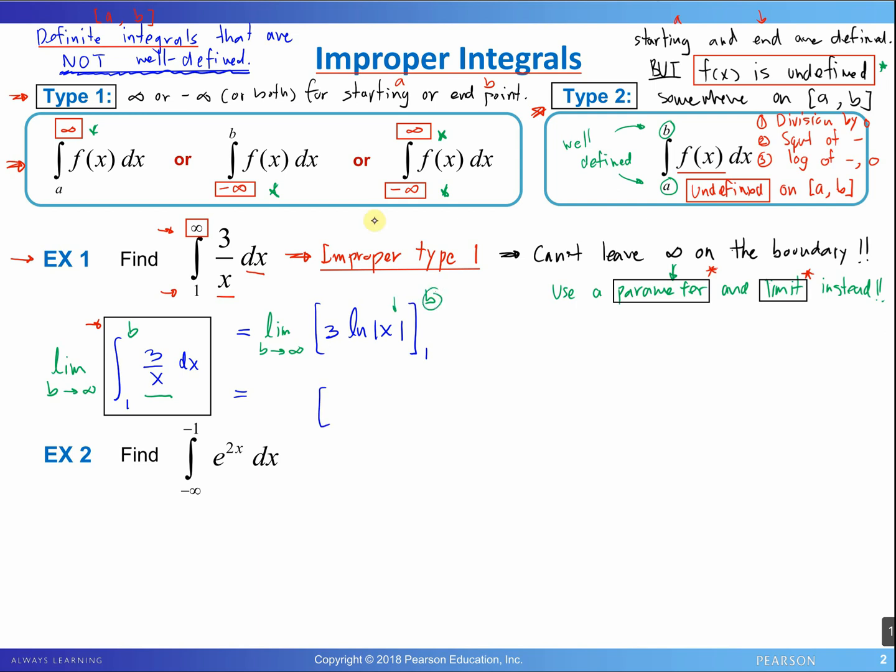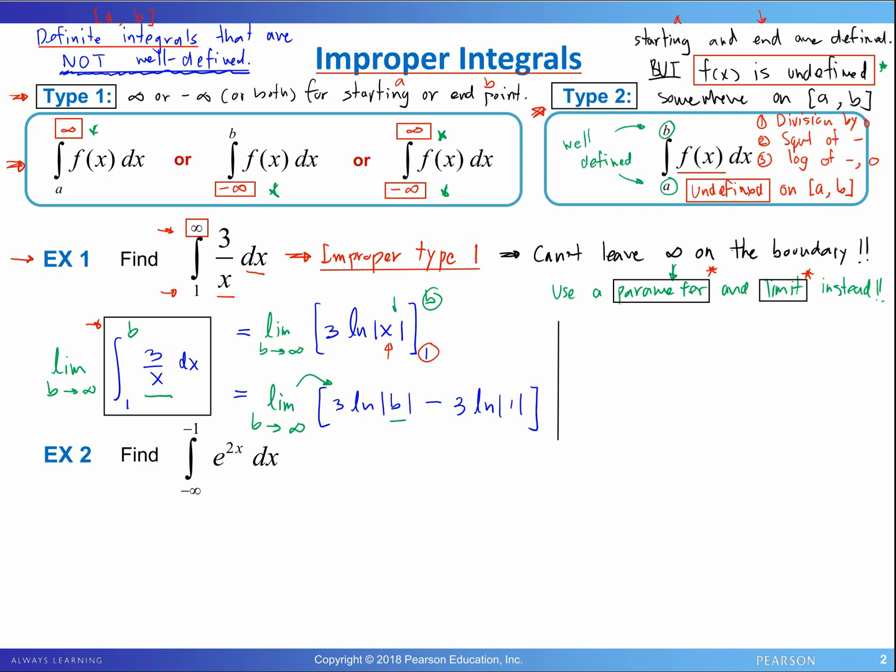So we have 3 ln absolute value of b minus, now the starting point goes in right here, 3 ln absolute value of 1. And once again, the limit to tell b to approach infinity. As you can see, this limit only applies to the front term because of b right here. The back term doesn't have b, so the limit doesn't really matter.